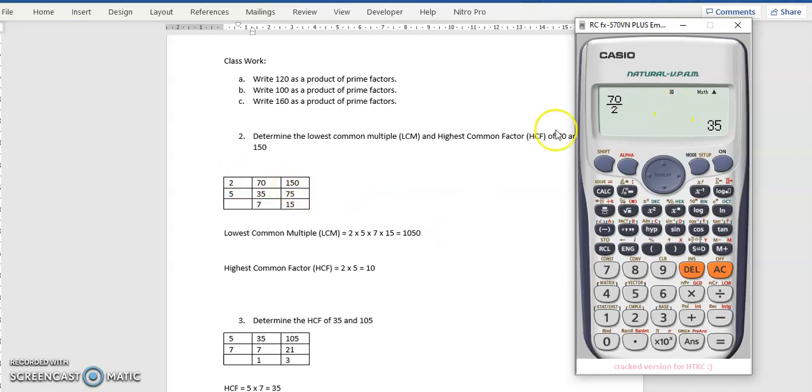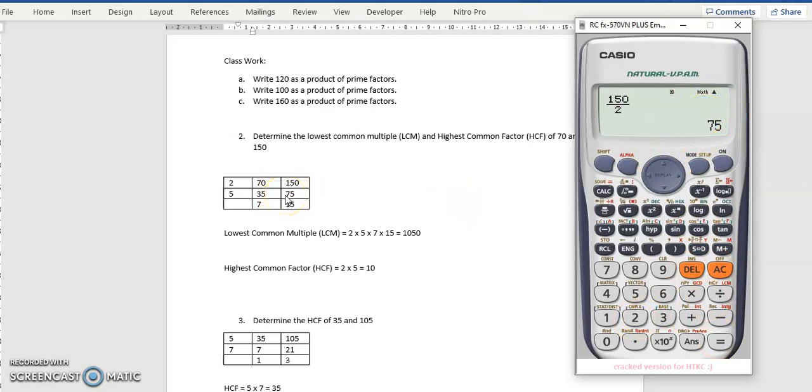Alright, so I'm going to write my 35 here. Then probably I had forgotten this one, so I'll go back and write 150 over 70 over 2, which gives us what? 75.